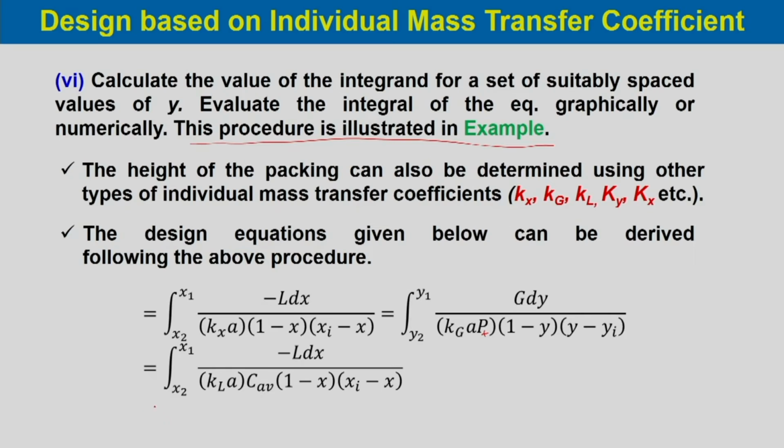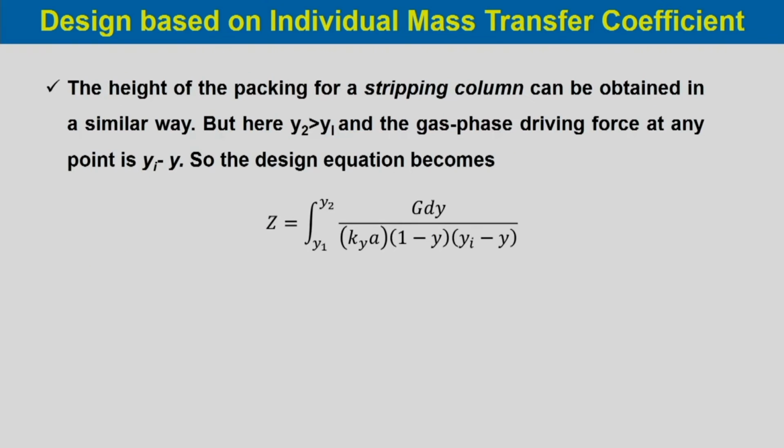We can write integral x2 to x1 of minus L dx divided by KLa CAV, that is average concentration, into 1 minus x into xi minus x. So, this way we can calculate the height of the tower.